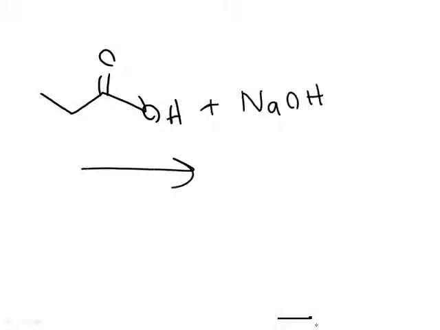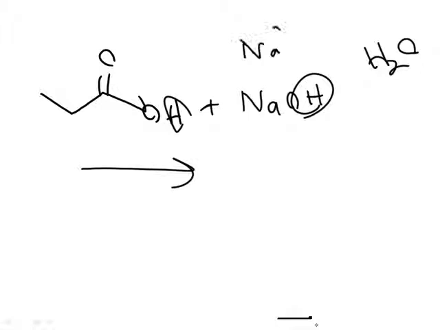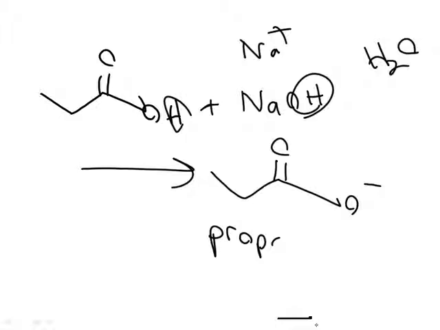So what happens is it strips the proton off, and you'll have the sodium left over. The H and the OH go off and make water, and then you have lonely sodium plus hanging around. So what we have here would be a propanoic acid, as you would expect, but not propanoic. I keep saying propanoic acid. I'm sorry. This would be a propanoate ion.